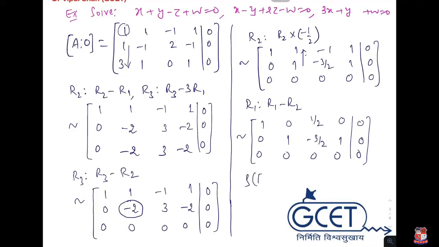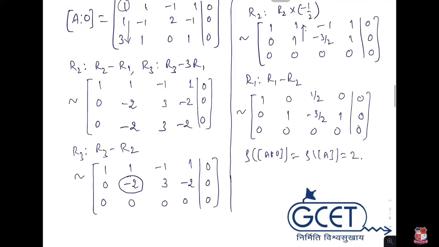So here rank of augmented matrix equal to rank of A equal to 2, and number of variables are 4. So therefore the system has infinitely many solutions.